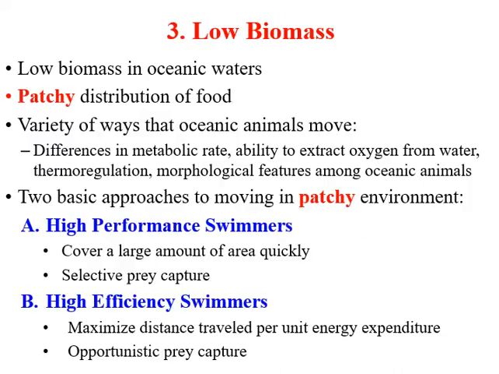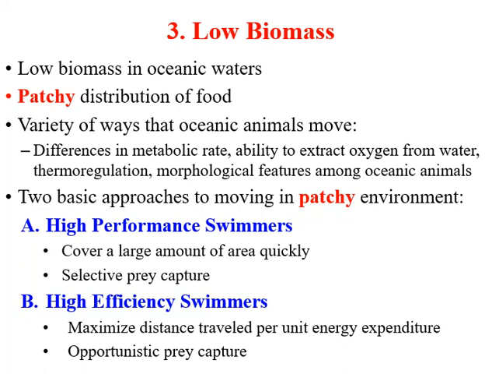Now, if you added up all of the primary production in the open ocean, it would be a huge amount. However, on the basis of a per unit area, the amount of energy is rather sparse. There's a huge amount of energy there, but it's not very densely concentrated like it is in some of these other ecosystems that we've looked at.